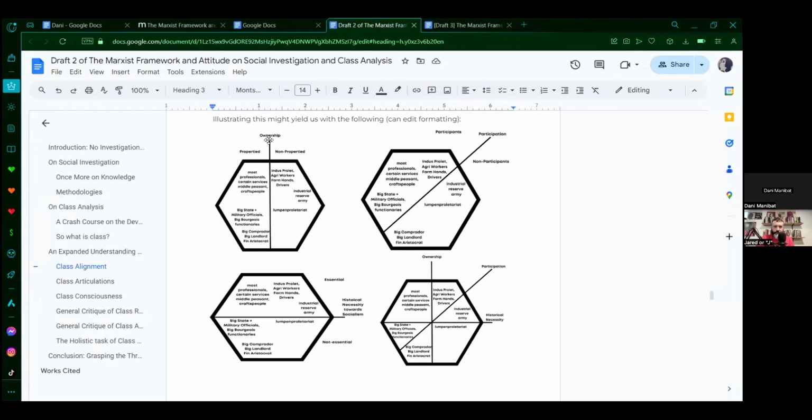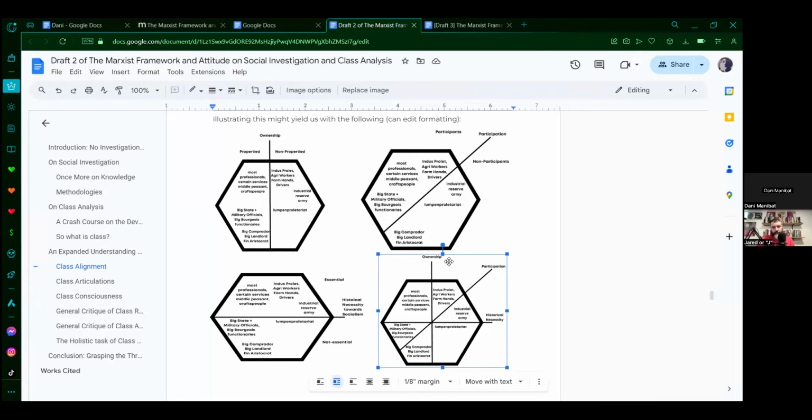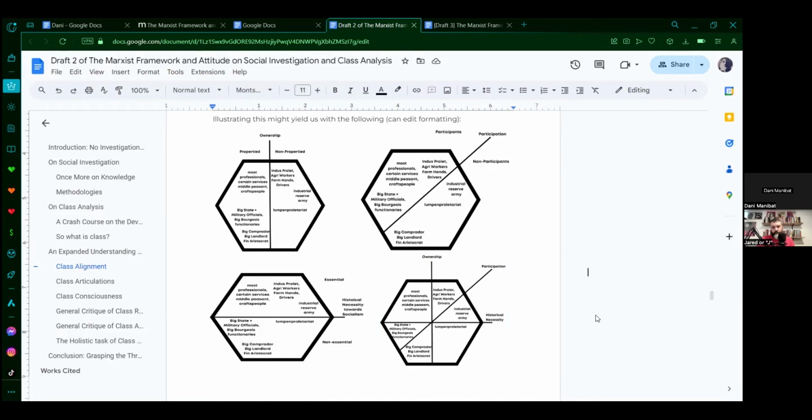So you would have, from a line of ownership, the property and the non-property. Then if you add another line on participation, and then you add another line towards the essentiality or the historical necessity of these kinds of labor or positions in society, then you'd have a sort of strange figure where it looks like you've divided classes into their alignments with others.